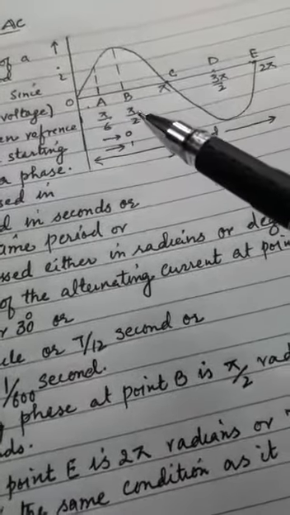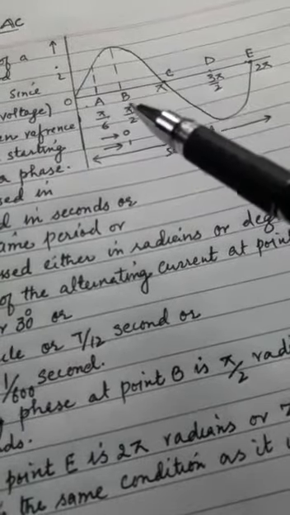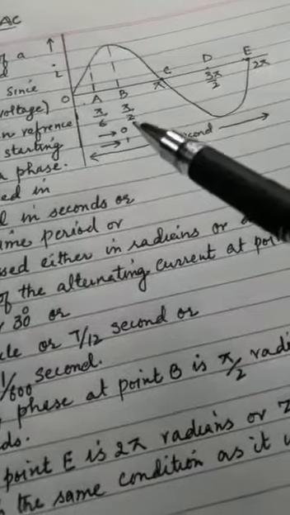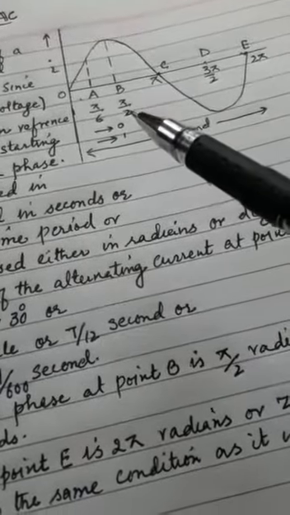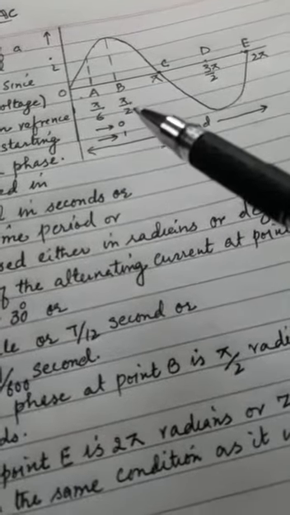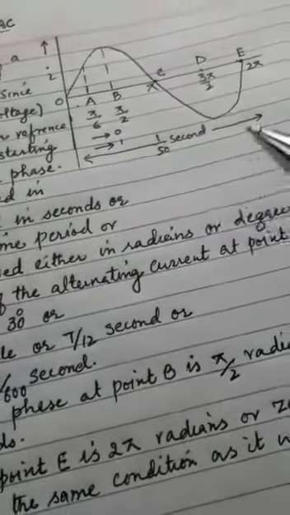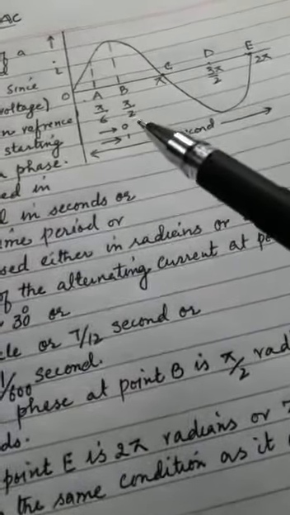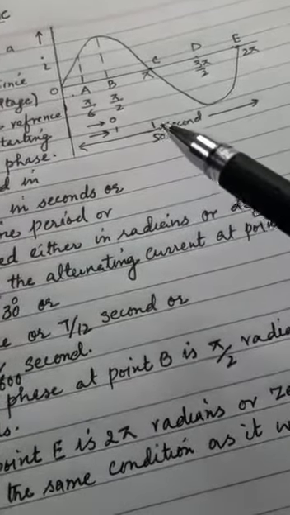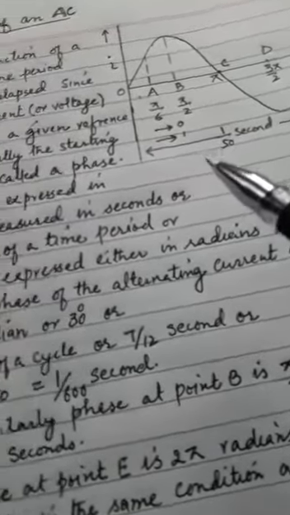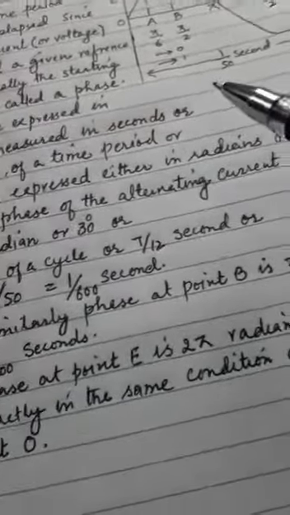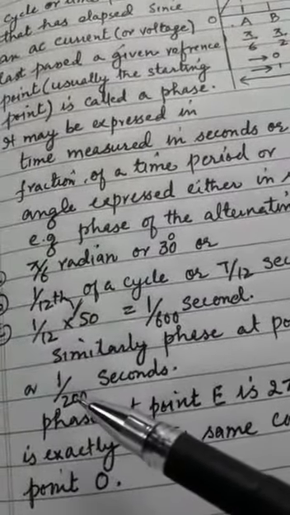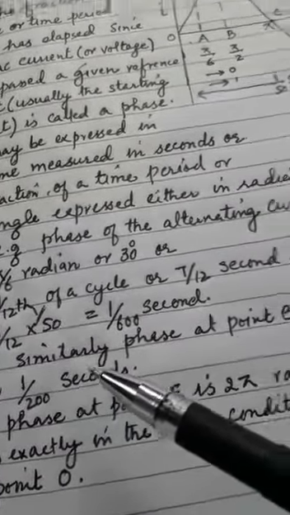And here, to consider the phase at B, it is pi by 2, that is equal to 90 degrees. When you measure its time period, you have to take 1 by 2 multiplied by 1 by 50, that will be equal to 1 by 100 seconds.